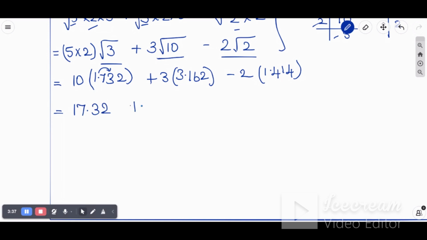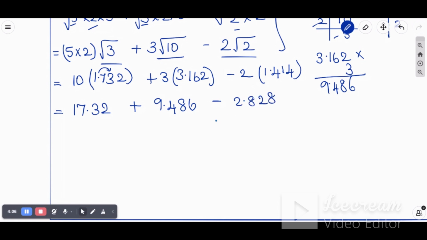Now this step you have to carefully multiply it. 3.162 into a 3 will be equal to 2 3s are 6, 6 3s are 18, 1 3 is 3, 3 3s are 9. So 9.486. No hurries, do it carefully. Then minus, this we can do directly, it is not going to overlap, so 2.828.